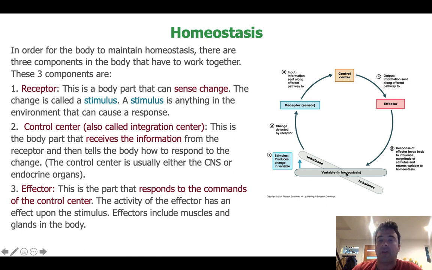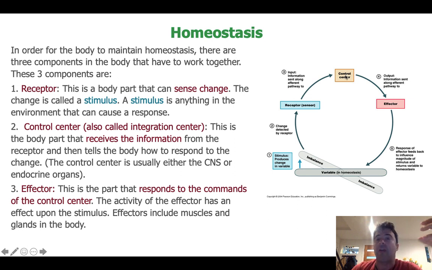Let's call it temperature. A stimulus, for example, a change in temperature, disrupts this balance, and then that change has to be detected by a receptor. So whatever that stimulus is that disrupts this fine or delicate balance has to be detected by a receptor.